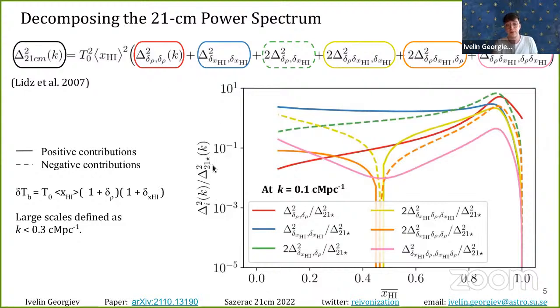And then I study the fractional contribution of each of them throughout the Epoch of Reionization, from a neutral fraction of 1 to 0 when reionization is complete, and this is particularly for a fixed k-scale. So you can imagine which of the terms contributes the most in constructing this part of the equation. Positive contributions are in solid, while negative contributions are in dashed.